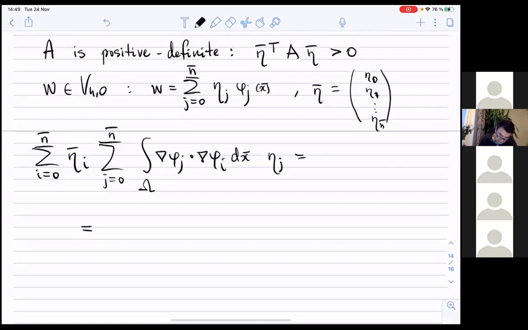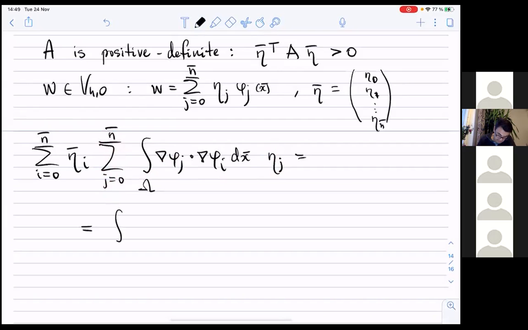This is equal to, we just rearrange the summation like we did last time. We move the sum together with the coefficient in front of phi, and we can pull the gradient out of the summation because the gradient of the sum is the sum of the gradients. We do the same here: we move eta inside, in front of phi_j.